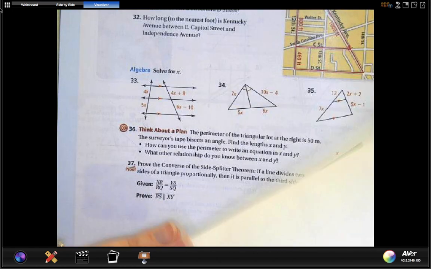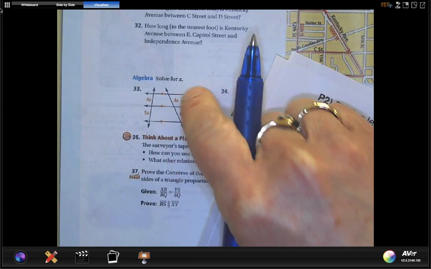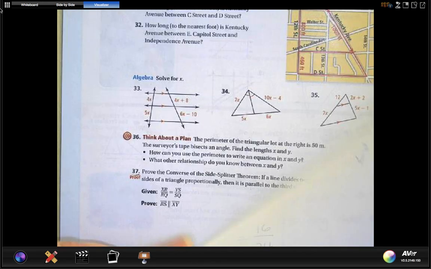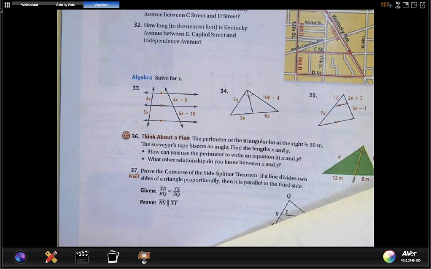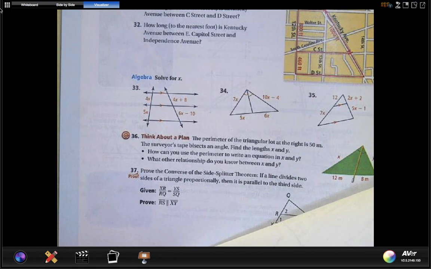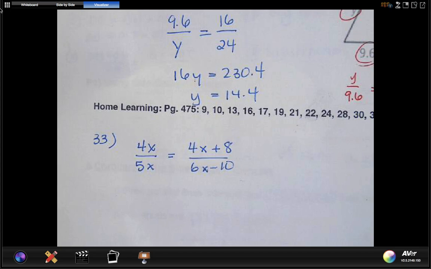I know I've got proportions there. So I can say this one over this one is equal to this one over this one. Okay? So then I will cross multiply.